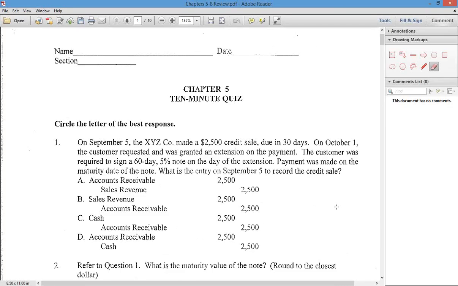So I would like for you to type in the box A, B, C, or D. What do you believe the answer to this first question is?